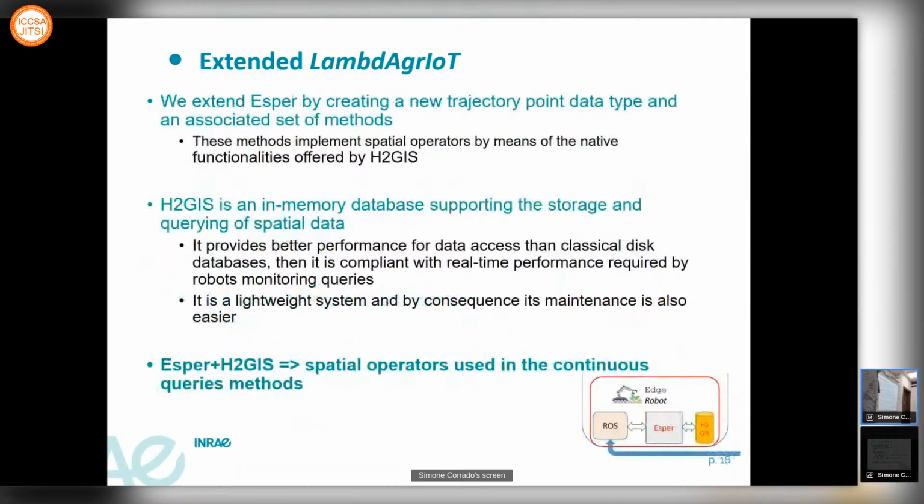We don't want to write code, so we use an in-memory spatial database. It's a database that doesn't store data on disk but in memory, so it is fast. Coupling the two, we arrive at continuous queries that use spatial and spatial-temporal data.